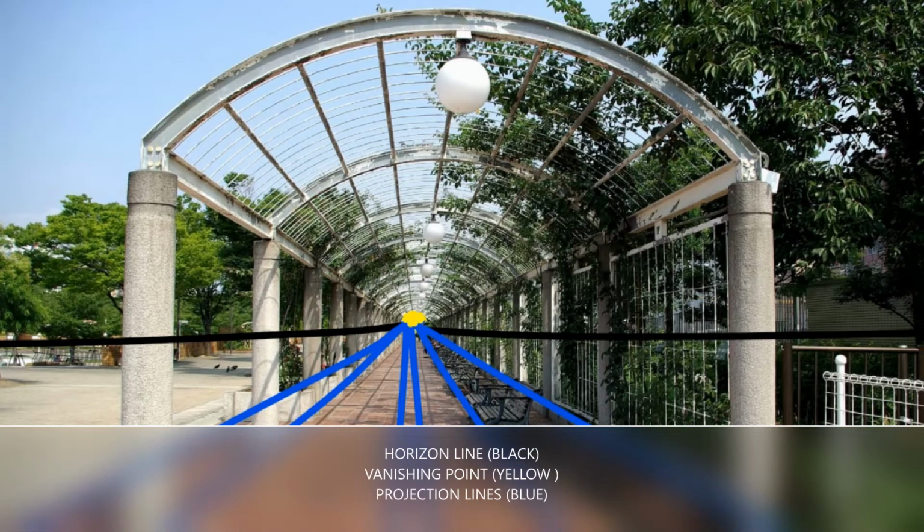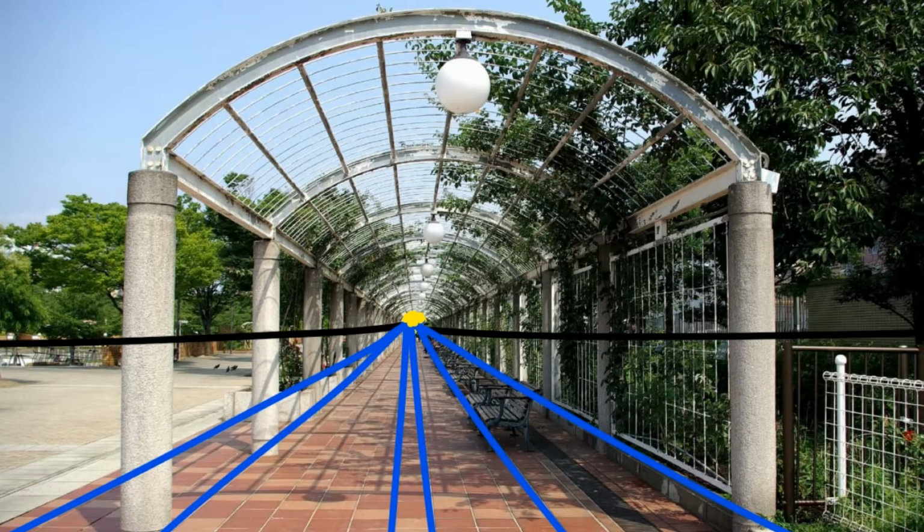So then what I will be concerned about is what is horizon line, vanishing point, and projection lines. Horizon line is basically the line, you can call it imaginary on your sheet, at which the vanishing point is depicted.